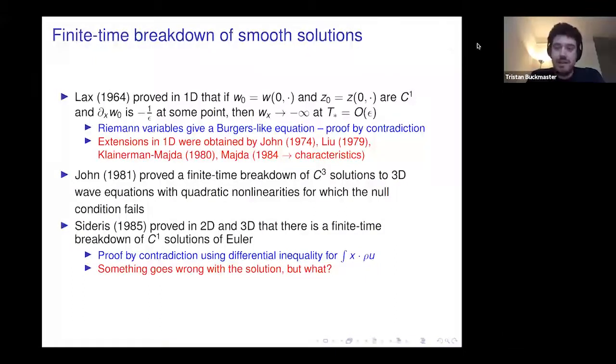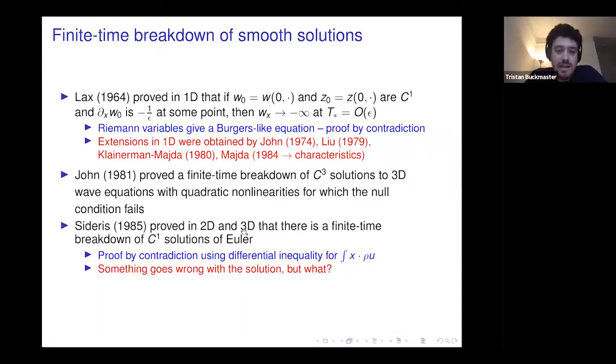Okay, so I'll give some brief history. In '64, Lax proved in the 1D case that singularities form, and it was key that he used these Riemann invariants that I had on the previous slide. He follows trajectories and you end up with a proof by contradiction. This was extended by John, Liu, Kato, Majda, and Majda in the 1D case.